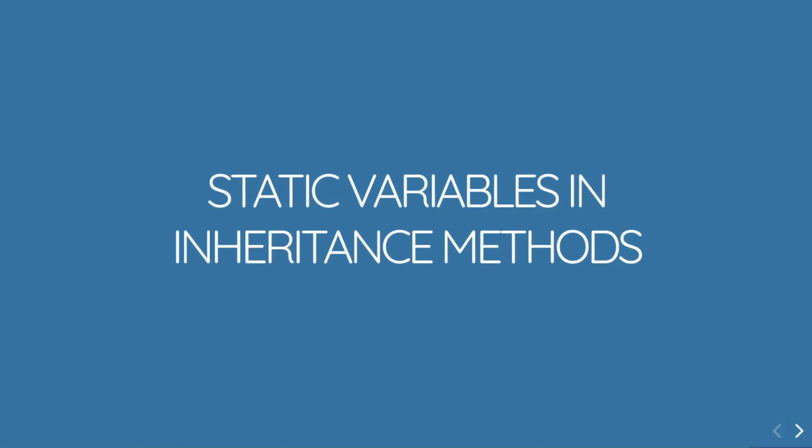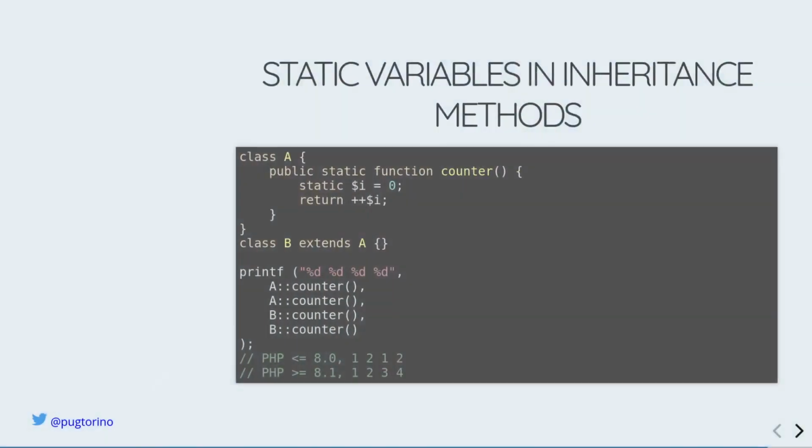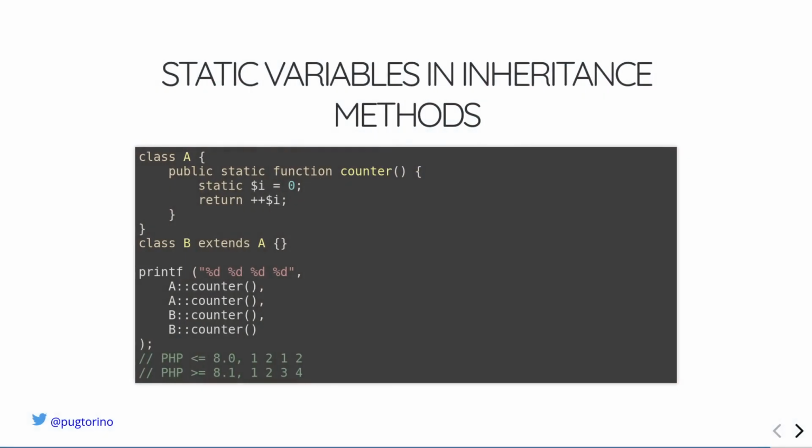Last, in this presentation, we have static variables in inheritance methods. This is kind of a fix actually that will be in PHP 8.1. So imagine that you have a class A where you have a static function, and inside this static function you have a static variable $e that is equal to 0, and we are just incrementing this static variable each time someone calls the counter.